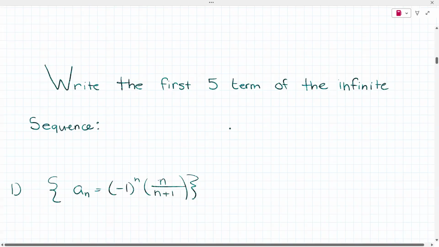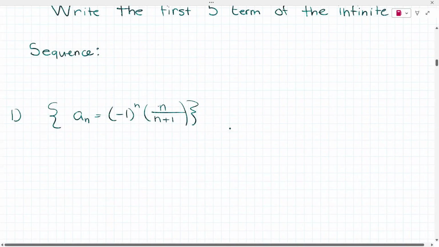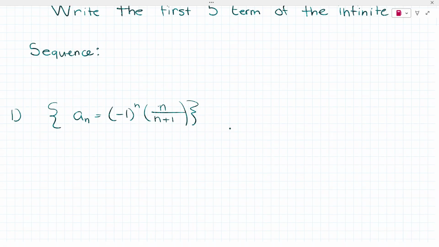So let's do the first example. It says write the first 5 terms of the infinite sequence. Infinite means to infinity, right? So they only want the first 5 terms. Here's our nth formula: a_n equals (-1) raised to n, times n over n plus 1.